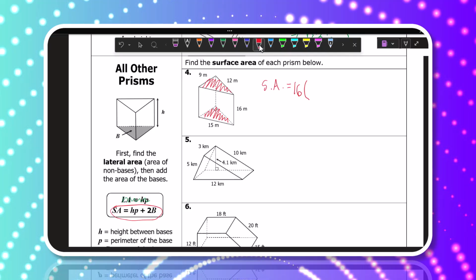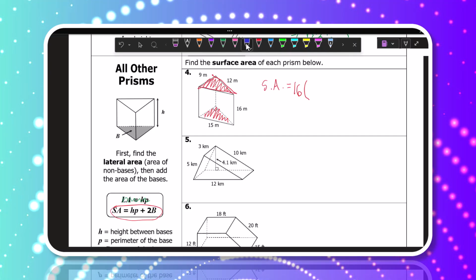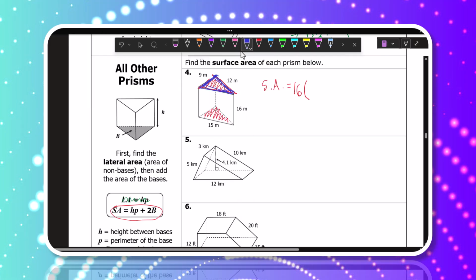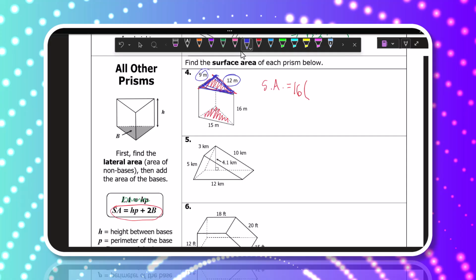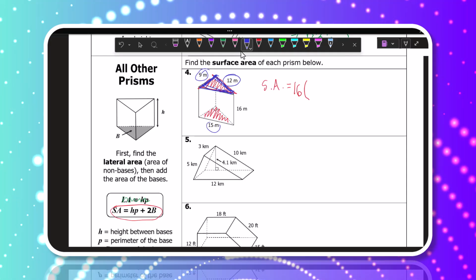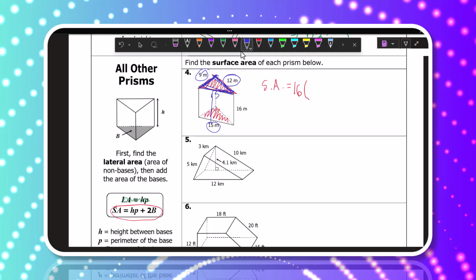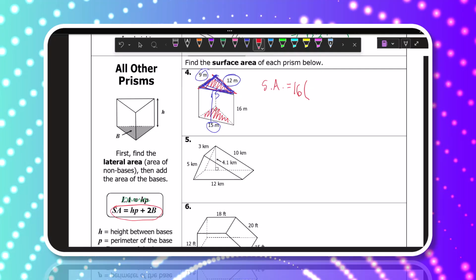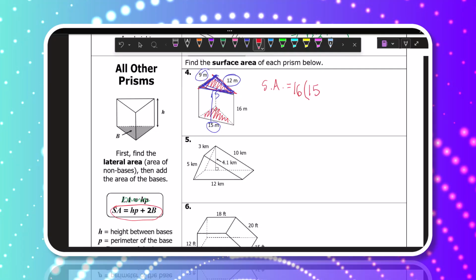So that means around this triangle. This, and this. We know that's 9, that's 12, and this side, labeled down here, is 15.